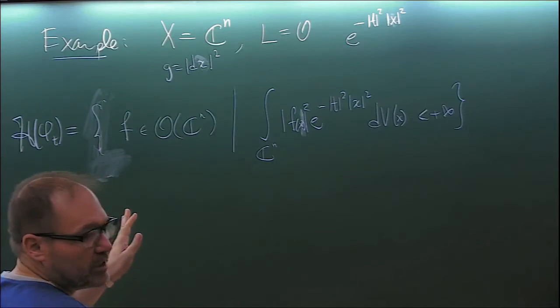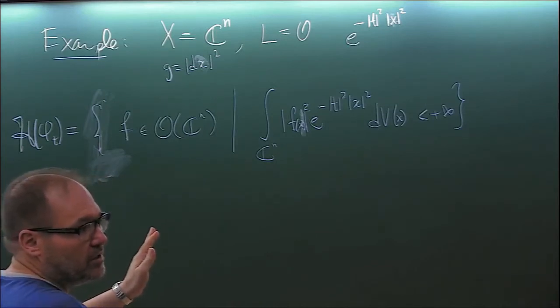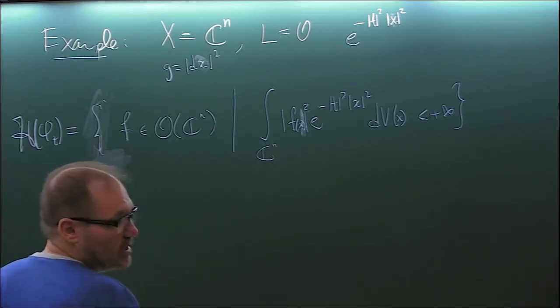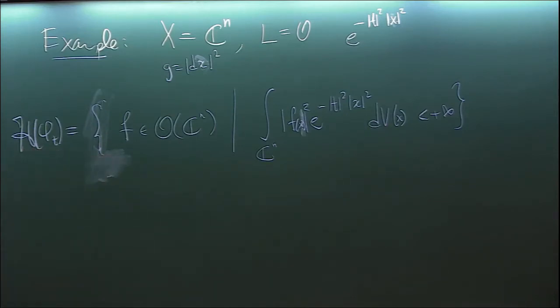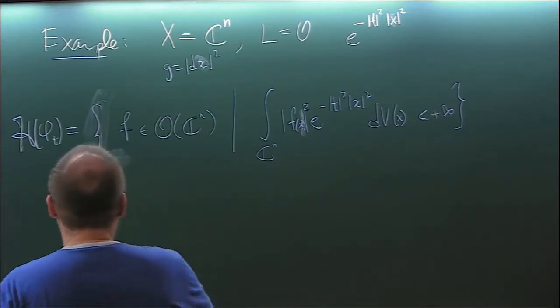Okay, so here you have an example where you don't have local triviality. So maybe I'll leave this as an exercise. This will be one of my exercises. I didn't come up with enough exercises today, so I'll give one simple one.